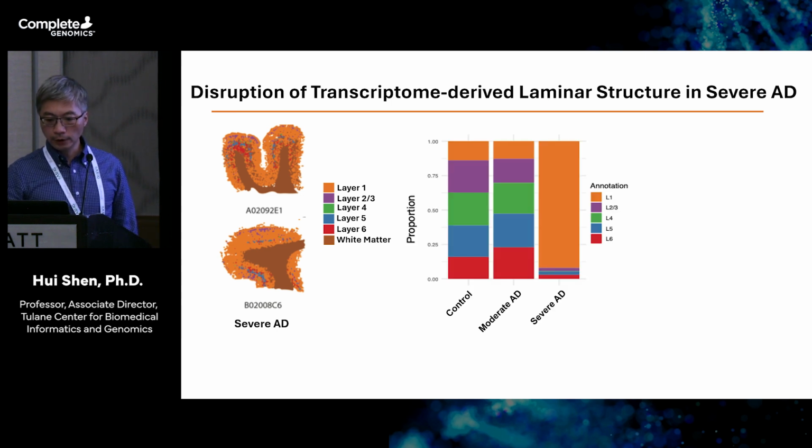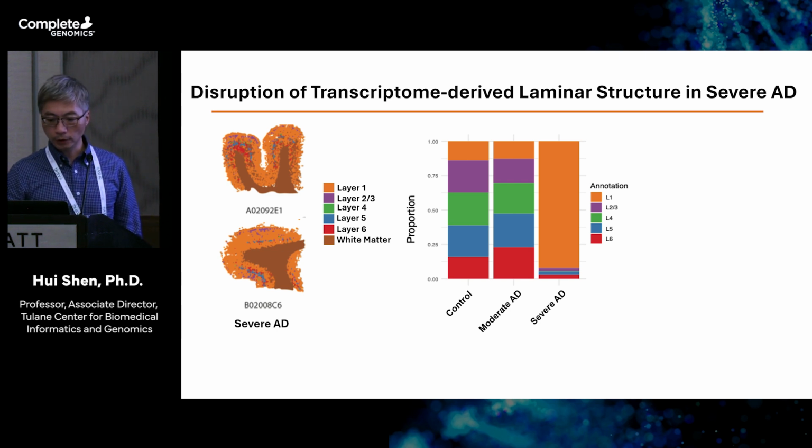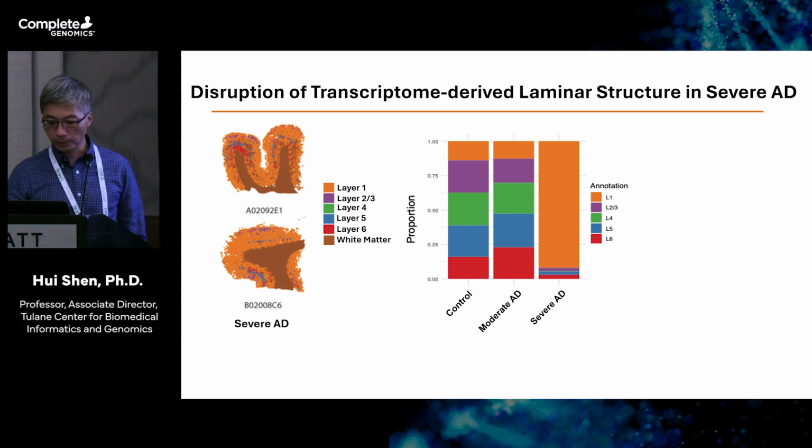Then we summarized the different proportions of the layers in the 3 groups: the control, the moderate AD, and the severe AD. Compared to the control, the moderate AD proportions are quite similar, but in the severe AD group, the laminar structure is largely disrupted.